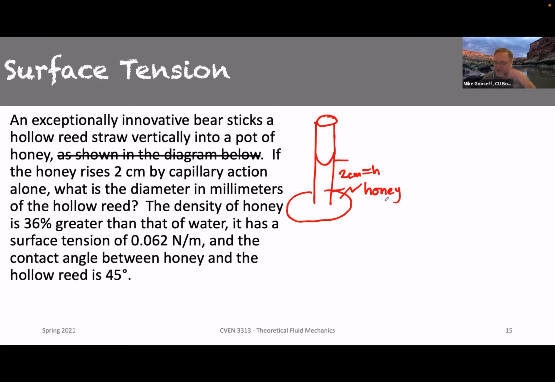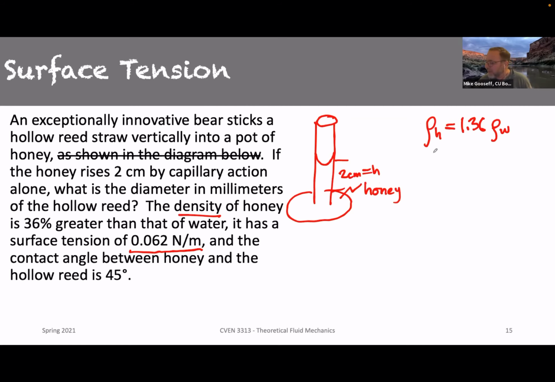We are given some information about the surface tension of honey, and we are given that the density of honey is 36% greater than that of water. So rho sub H is equal to 1.36 times rho water. And what else here?